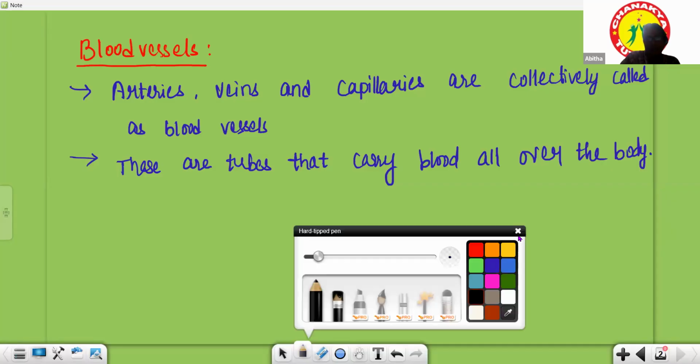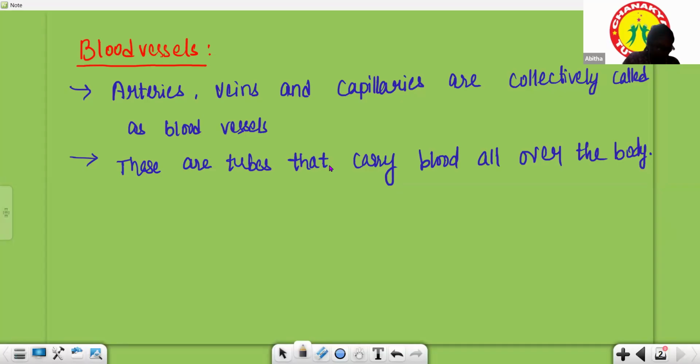Okay, in blood vessels, what are present? Arteries, veins, capillaries are there. Let's discuss each one. The first one is arteries. We know that all these carry blood, so what kind of blood do arteries carry? Arteries carry oxygenated blood.